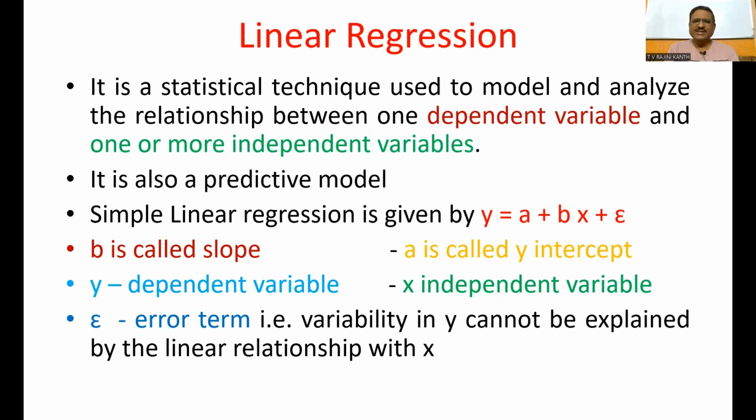Here y is the dependent variable and x is the independent variable. When we consider more than one independent variable, it is called multiple linear regression, which will be discussed in the next video.